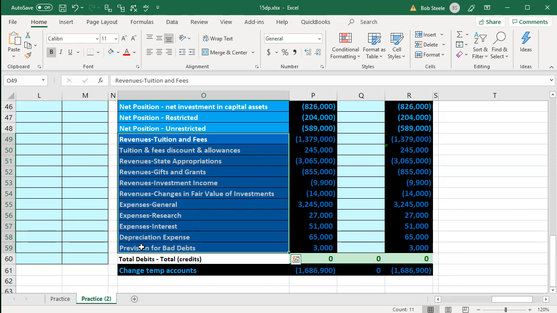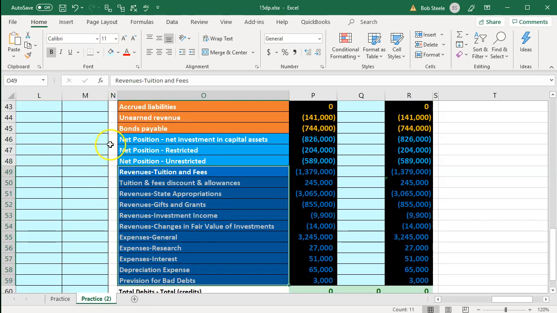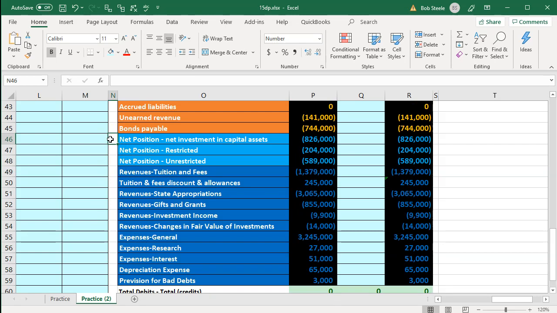Then we have to consider the concept of the net position that's related to the capital investments, the restrictions, and the unrestricted. We'll actually then adjust these accounts for those classifications after the first initial closing entry. So we'll have the initial closing entry, which will be going to the unrestricted net position with one long transaction closing out the temporary accounts. And then we'll basically go back through and break out the amount that needs to be adjusted for the restricted amount and the net investment in capital assets.